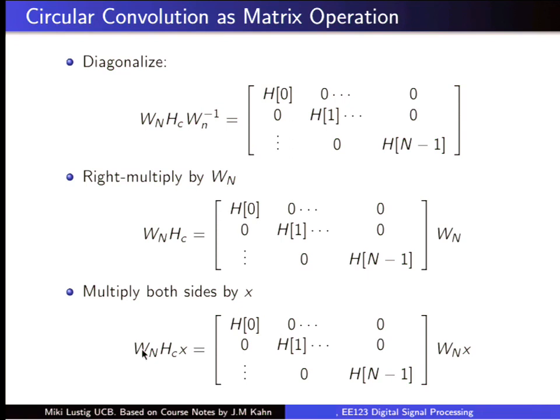So circular convolution in one domain is equivalent to a multiplication in the other domain. This is basically a proof that the DFT is in fact diagonalizing circular matrices, and we will show that in the homework. Any questions about that?